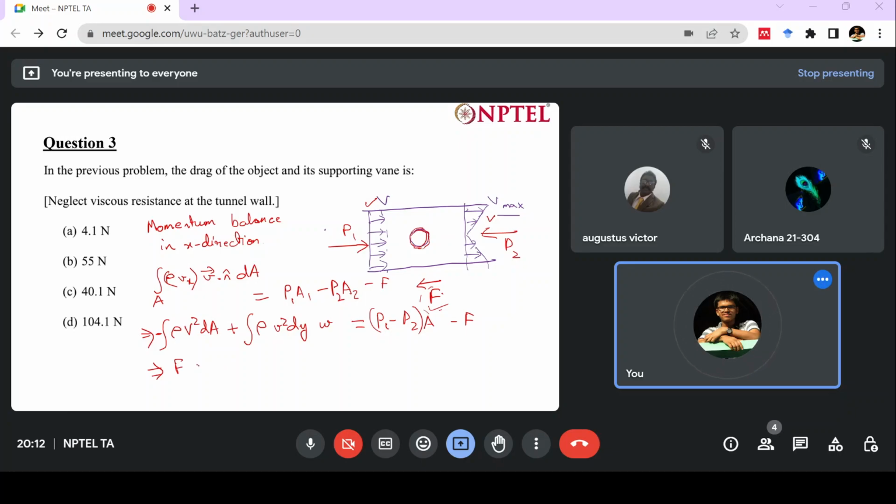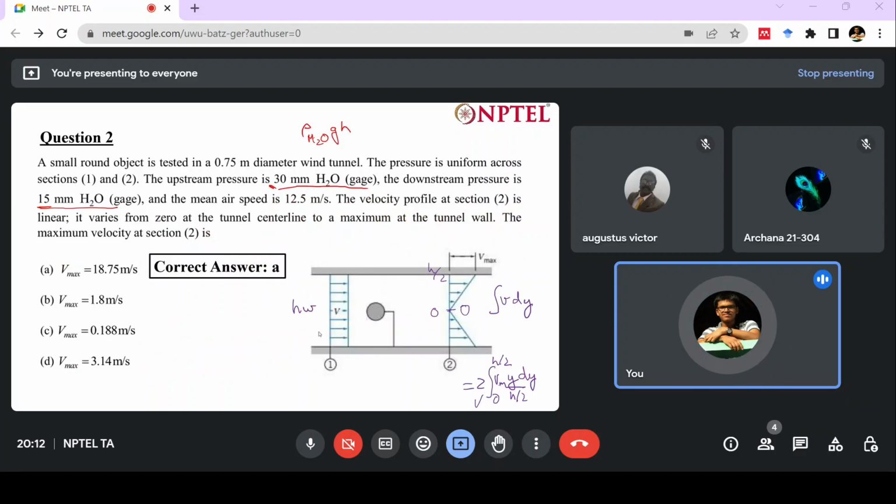If I take it on one side, F is equal to P1 minus P2 into A, plus rho V square into A, minus rho into W into the integral of V square dy.